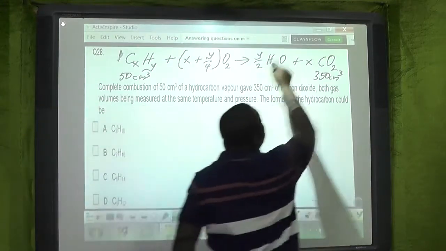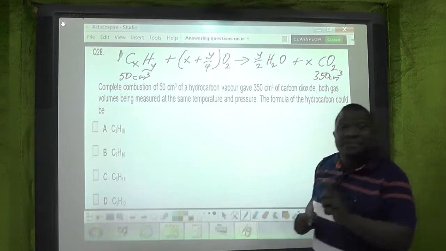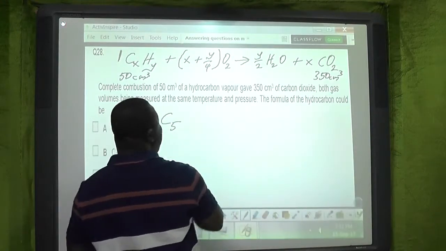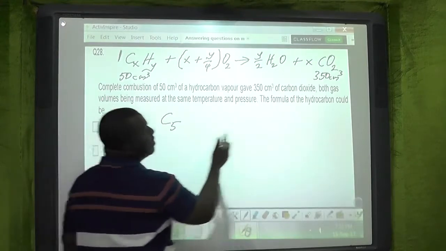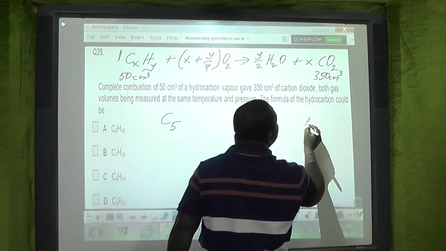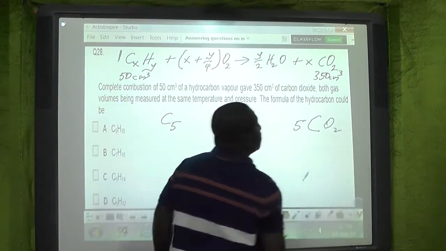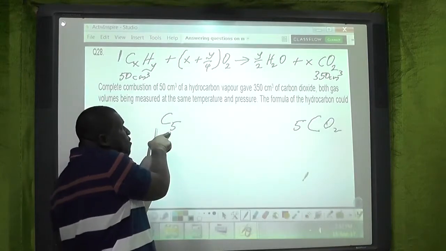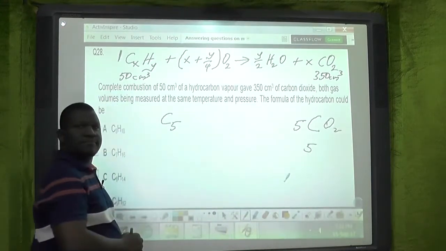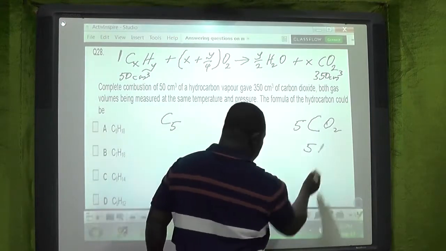How many mole of carbon is produced in this carbon dioxide? X mole also. That means if our hydrocarbon was C5 and it's only one here, here also 5 carbon dioxide will be produced. That means C5 will produce 5 volumes. Does that make sense?